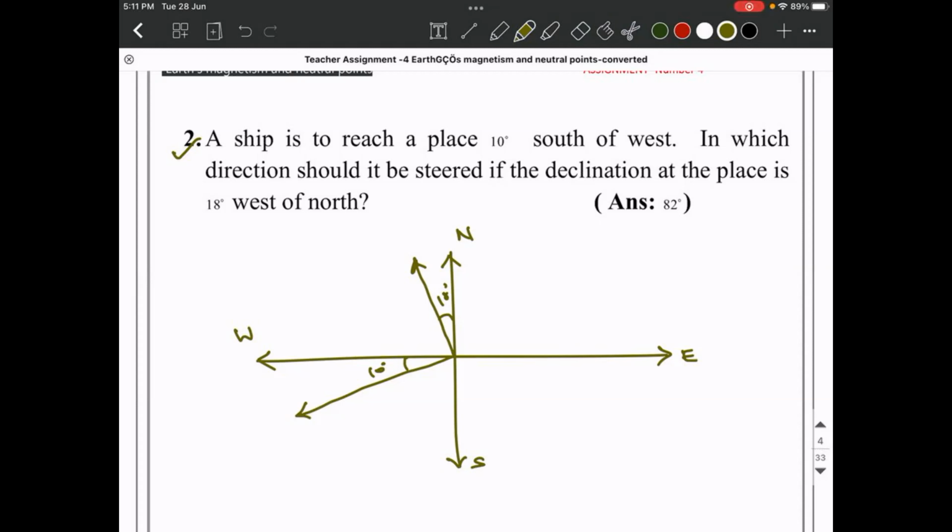So this is 72. So 72 degrees plus 10 degrees gives you 82 degrees. So we need to steer it in the anti-clockwise direction with an angle of 82 degrees, meaning the steering wheel should rotate to 82 degrees. Is it clear?